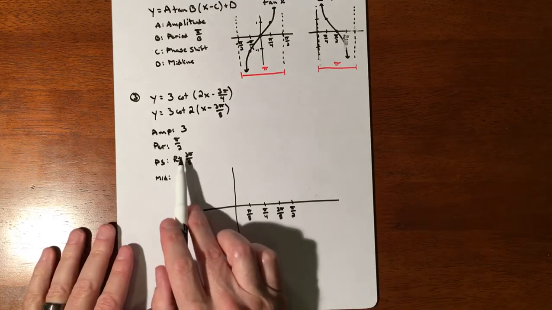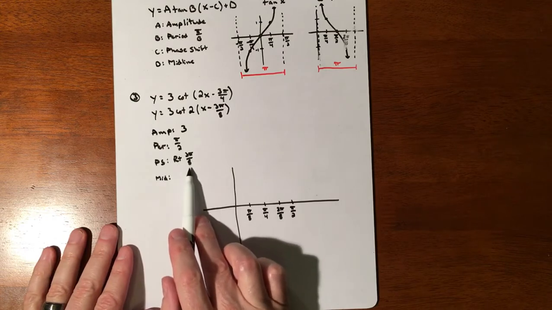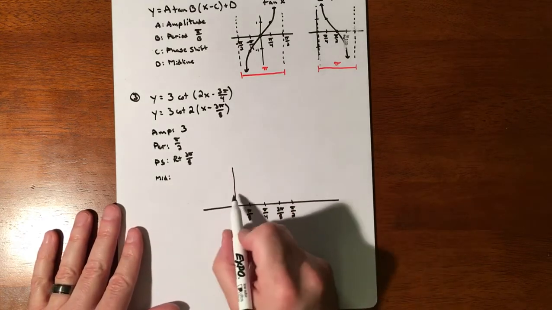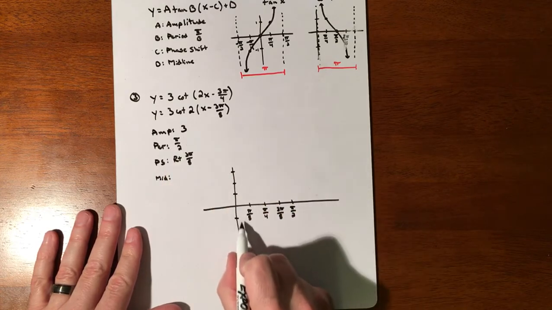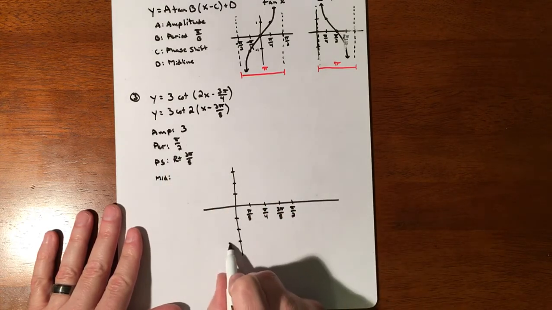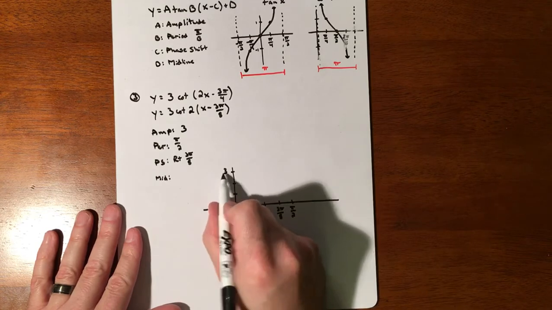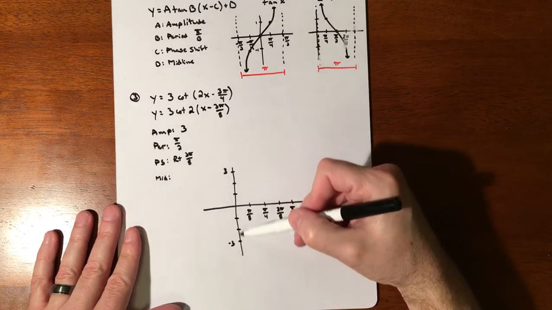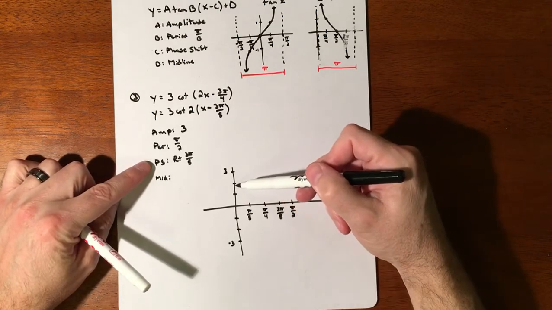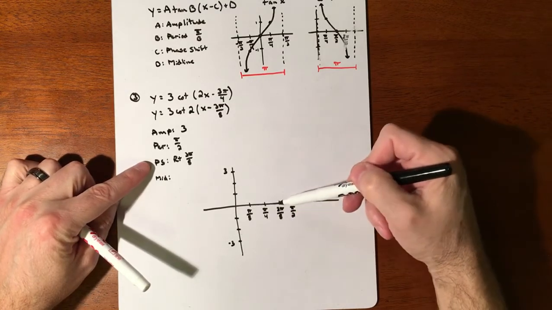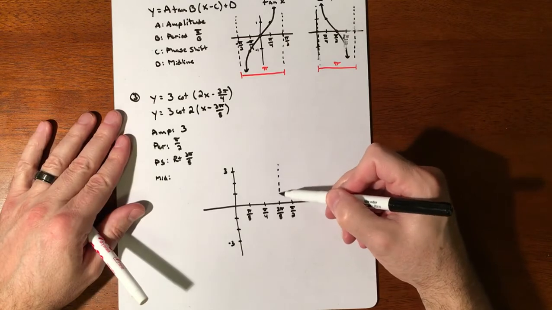Okay, so cotangent, this normally would be asymptote to asymptote. However, everything is going to be shifted to the right 3 pi over 8. And let me put in my 3 spots for our vertical stretch. So we should be asymptote, but we're going to shift it right 3 pi over 8. So that asymptote is going to shift to right there.